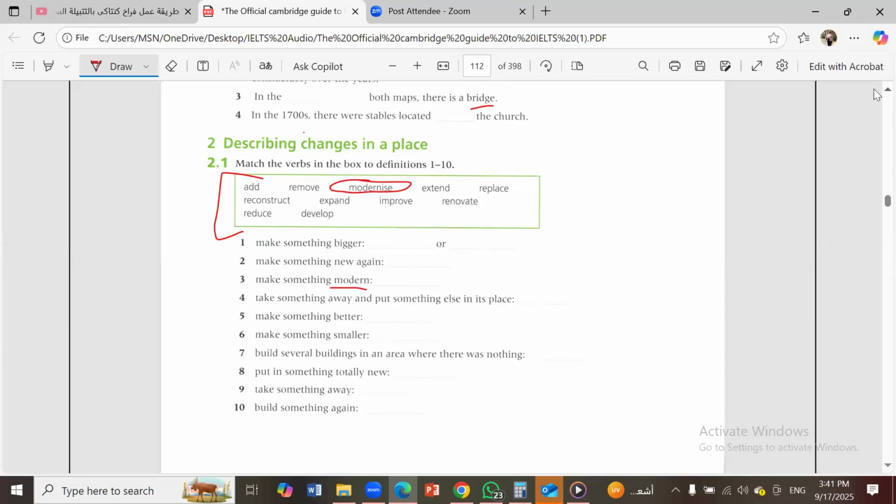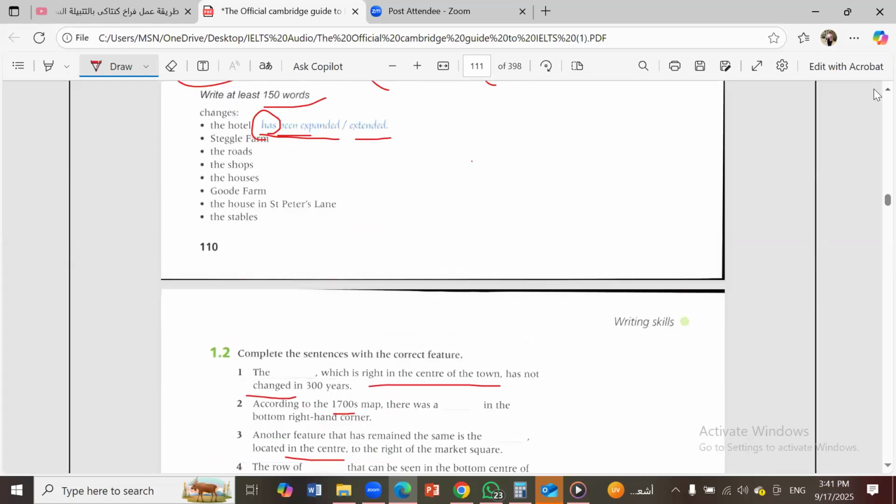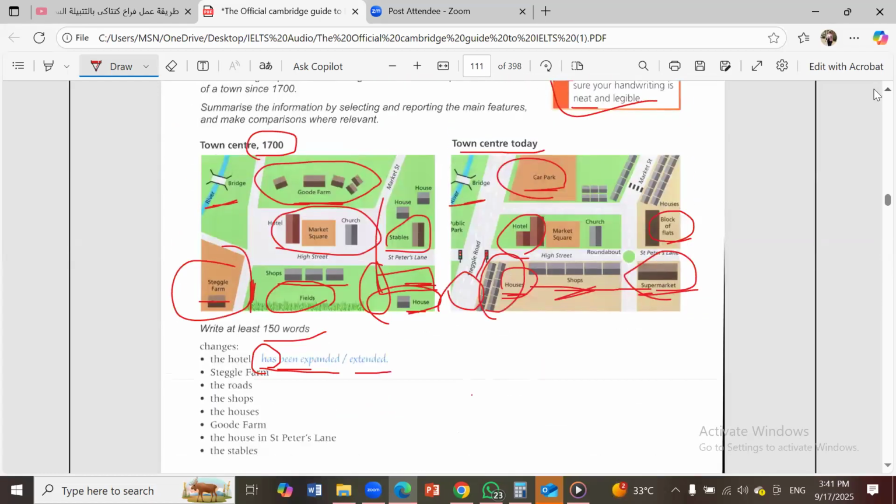So what is added? I think the roundabout was added. Yes, the roundabout was added. As a result of the expansion of the street, more shops were added as well.